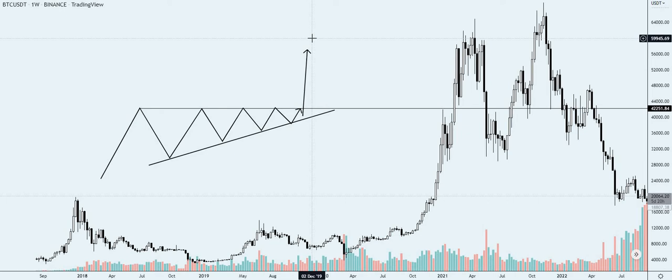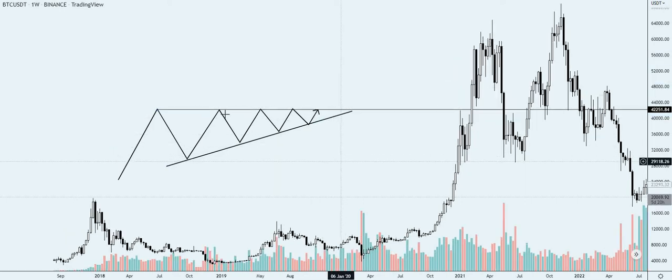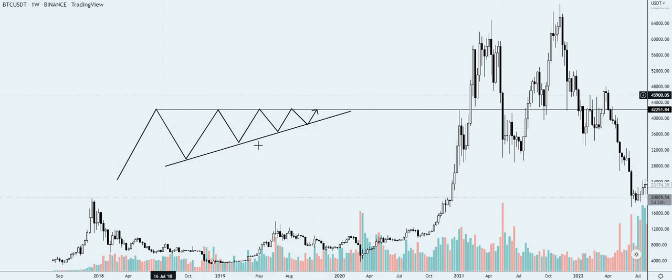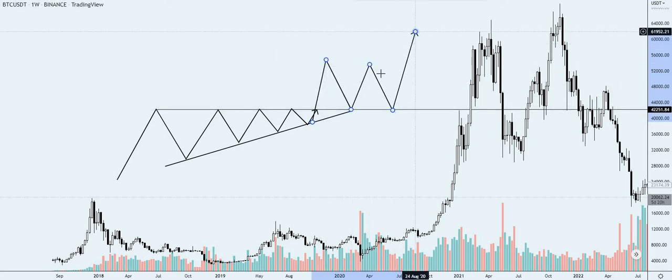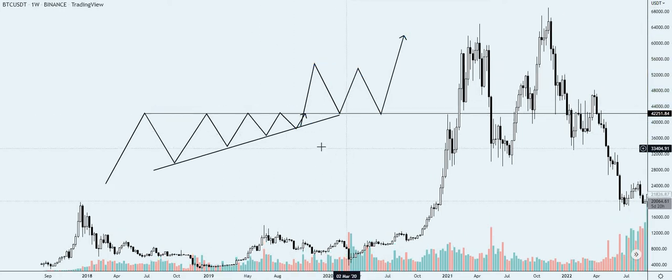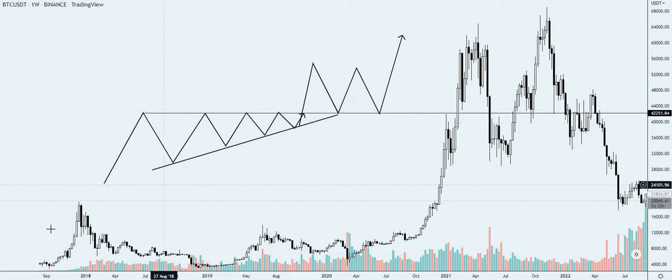And typically with ascending triangles, you get breakouts typically in bullish markets to the upside. And so you can see it on the vice versa as well with descending triangles. But basically the theory, right, is that this resistance is growing weaker. And so you'd expect with a breakout above this level that this level would then act as a pretty strong area of support now at that point, okay?